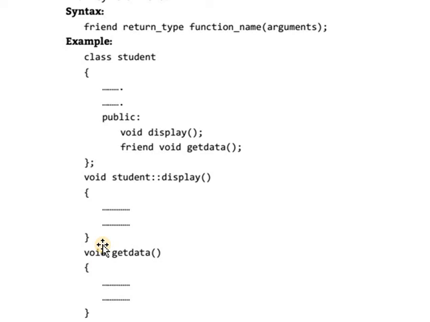That function does not require the scope resolution operator for accessing the function. That friend function is called directly outside the class, and a friend function can directly access the private and protected data members. So it is friendly, so it is called a friend function.